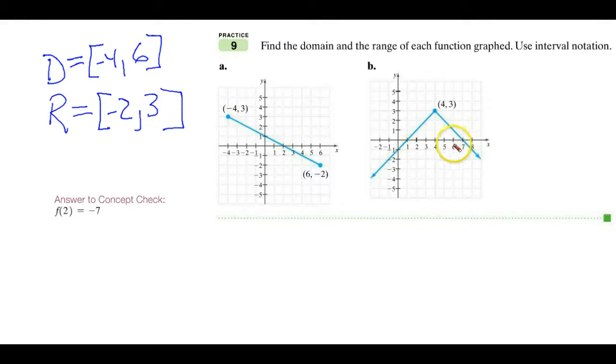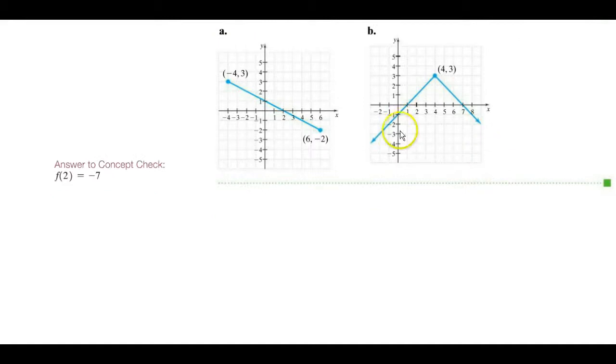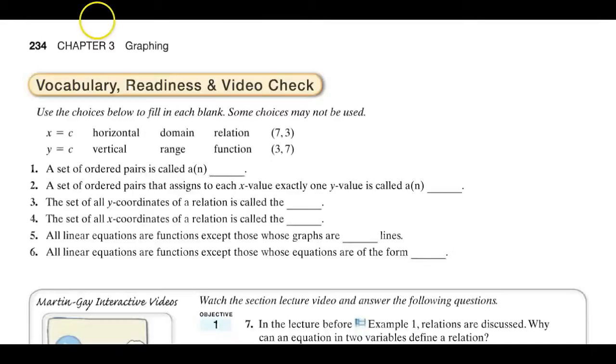All right, now for this one, again, our domain will be from -infinity to positive infinity, and our range is coming up now from -infinity up to 3, and 3 is included. And that ties us up.